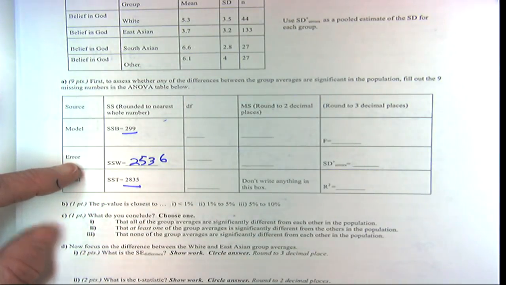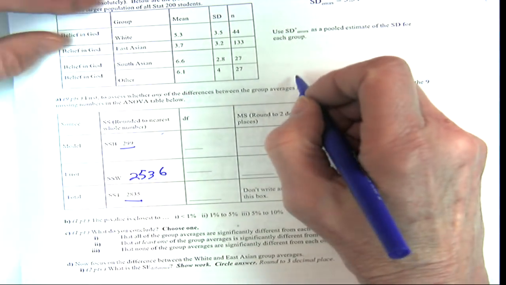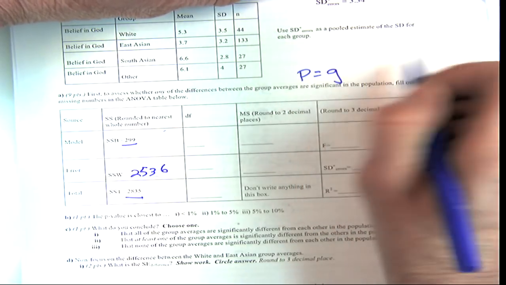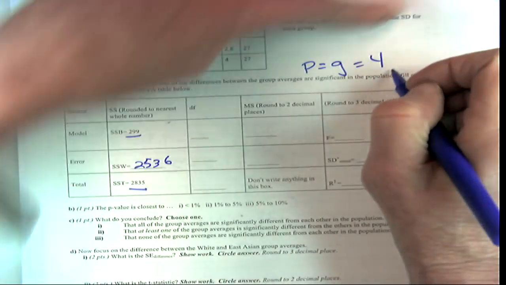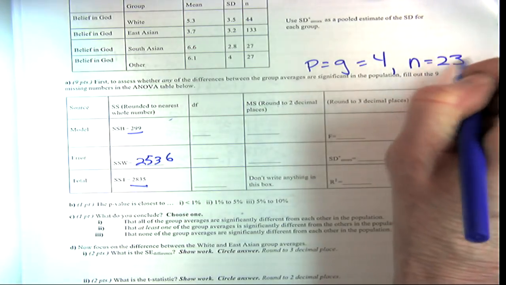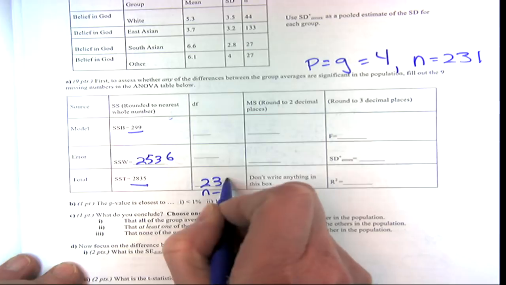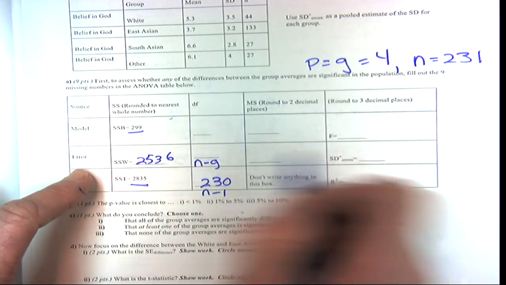Degrees of freedom. Now, remember, P and G are your number of groups. P is equal to G, the number of groups, which is 1, 2, 3, 4. So we're just doing our usual thing. And what's N? N is 231. So this is N minus 1, right? For your error it's N minus P, where P is the number of groups.